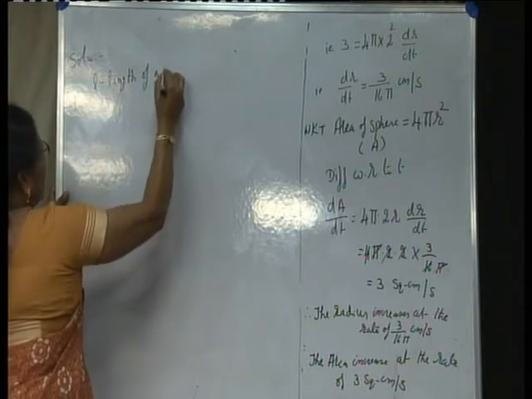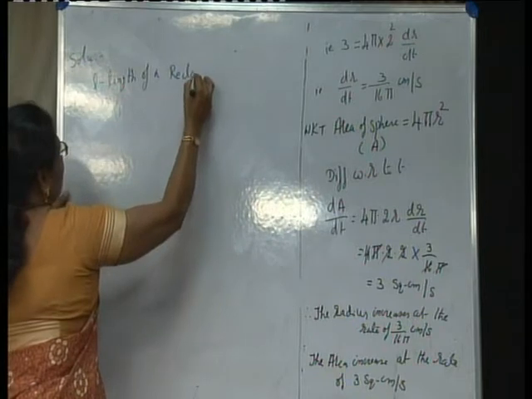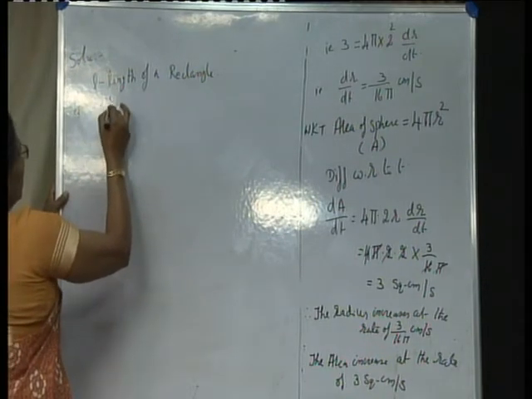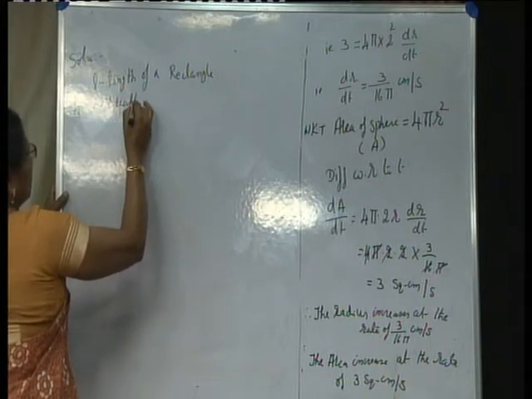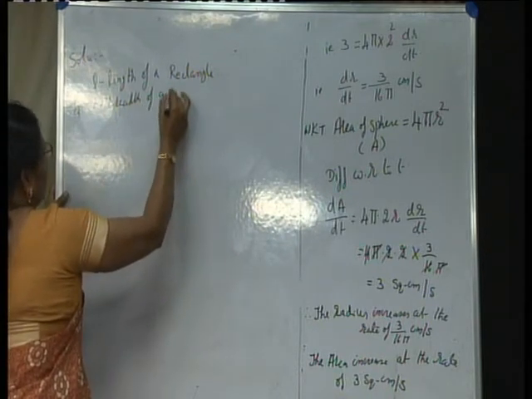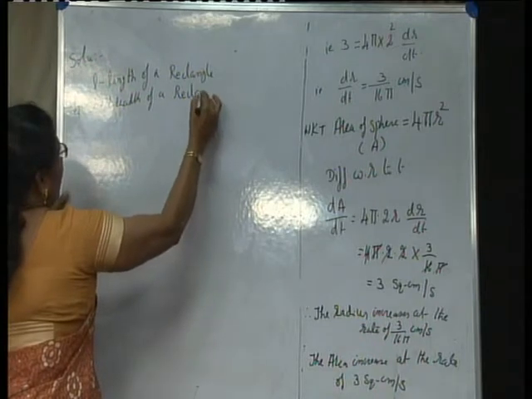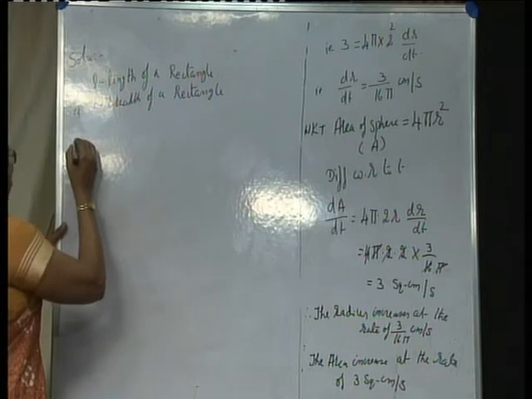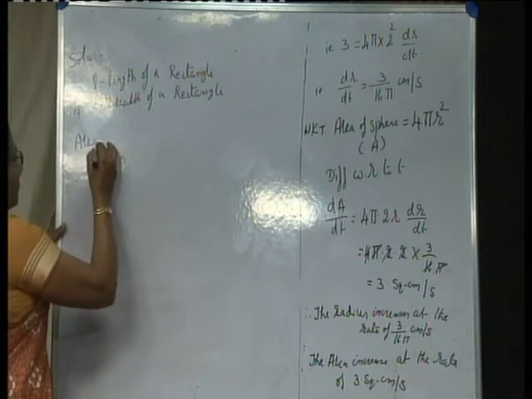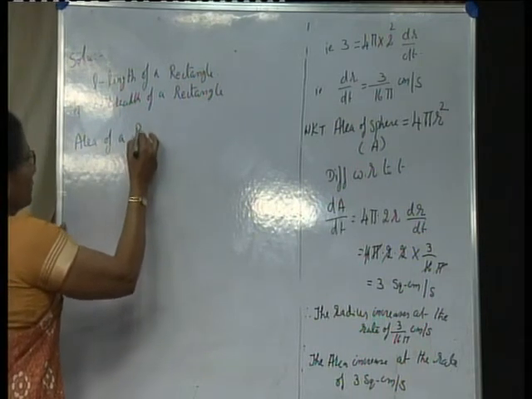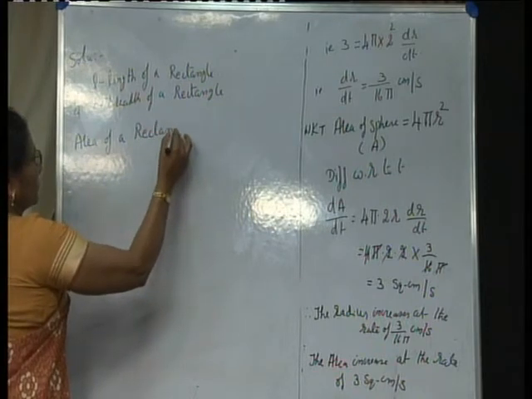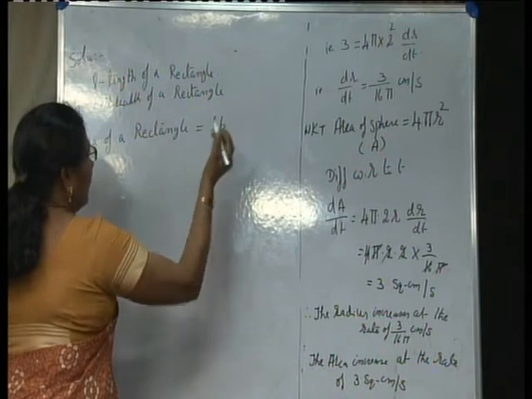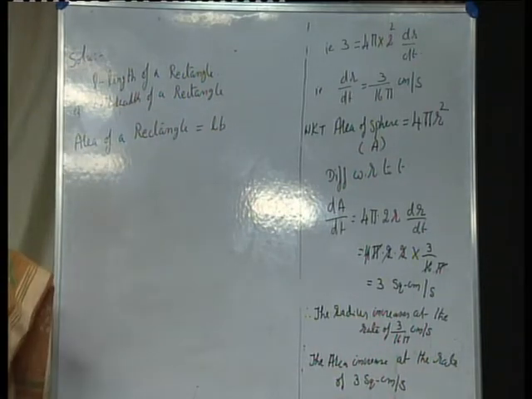Let L be the length of a rectangle and B the breadth. Area of a rectangle is equal to L into B. You have studied this in your previous class.